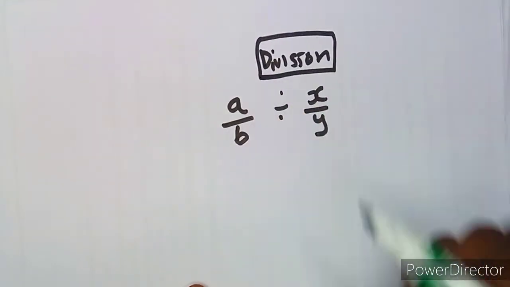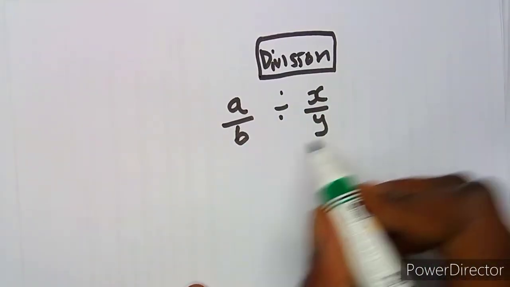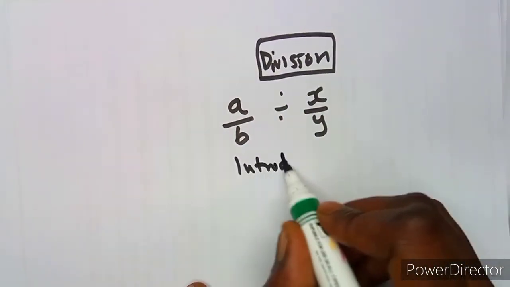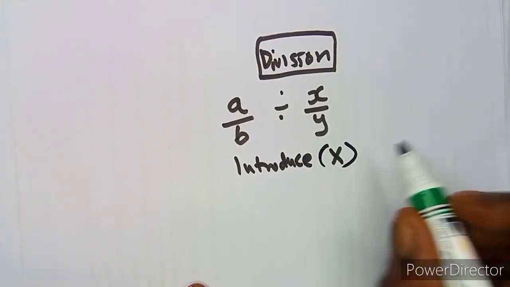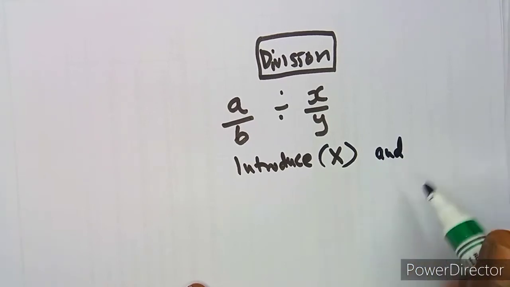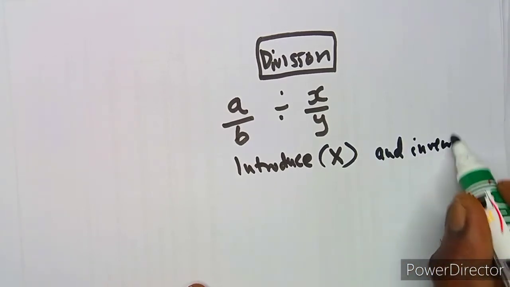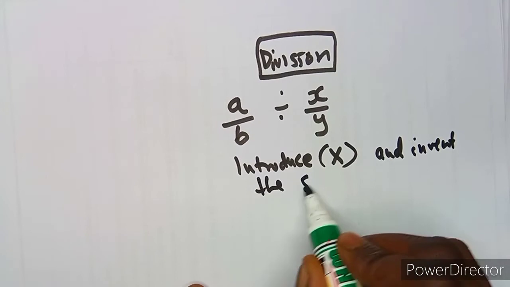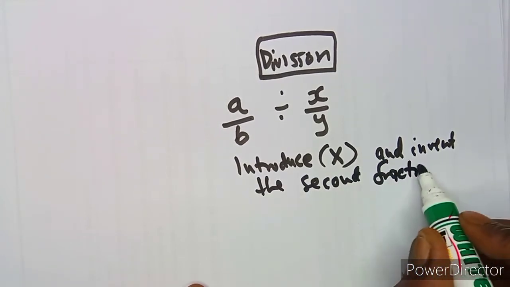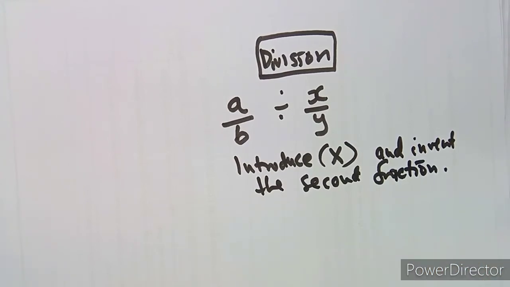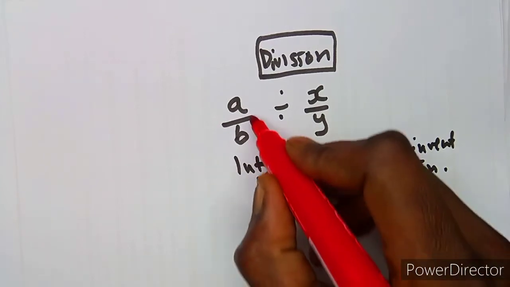Whenever you are dividing, introduce multiplication, and invert the second fraction. That is the following fraction, the next fraction after division. That is the second fraction.